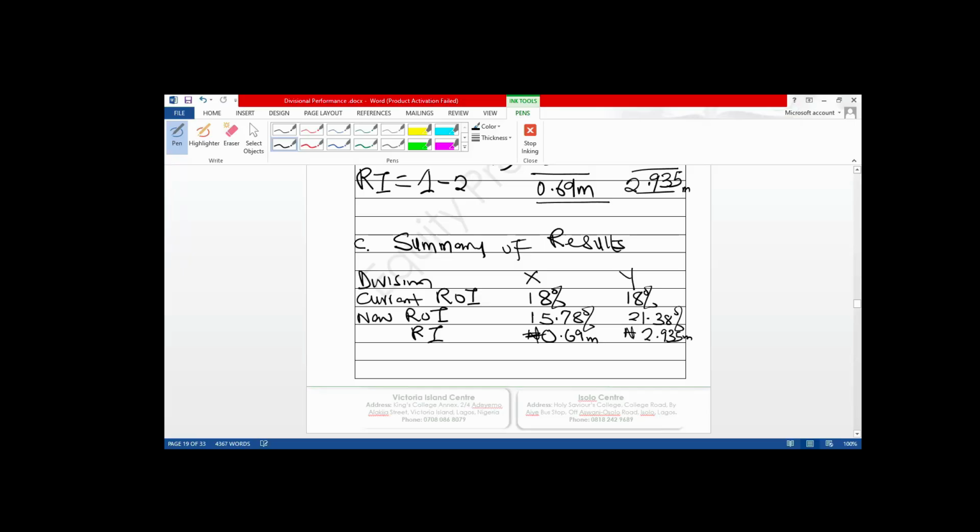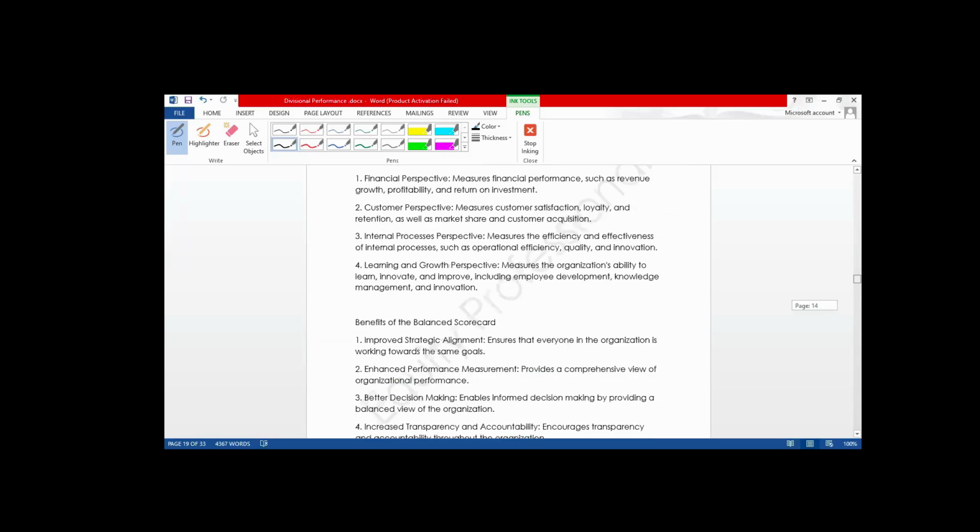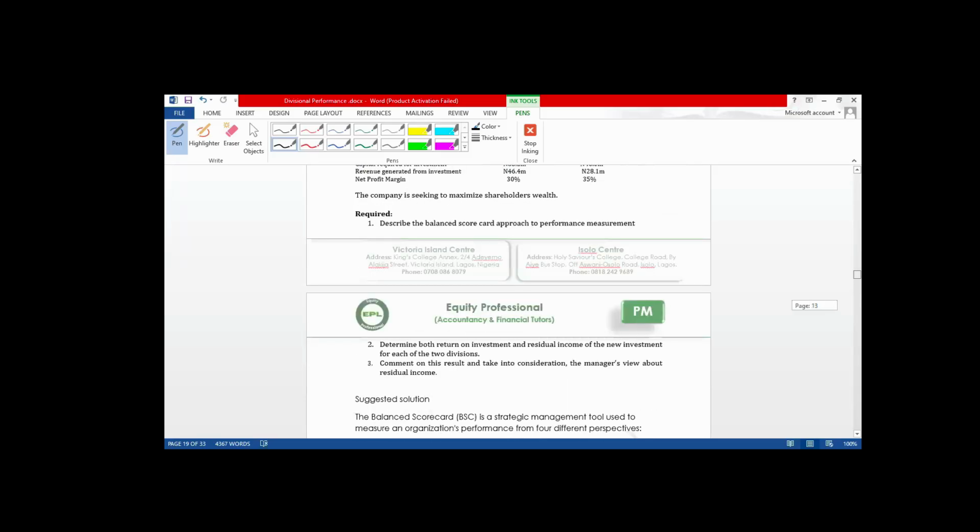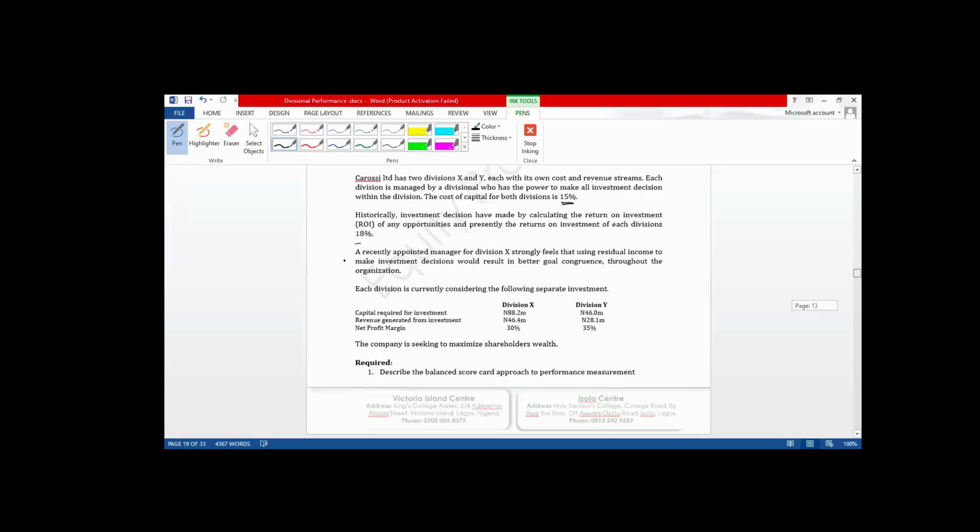If you look at the question, look at these points. Historically, investment decision has been made by calculating return on investment of any opportunities. And presently, the return on investment of each division is 18%.